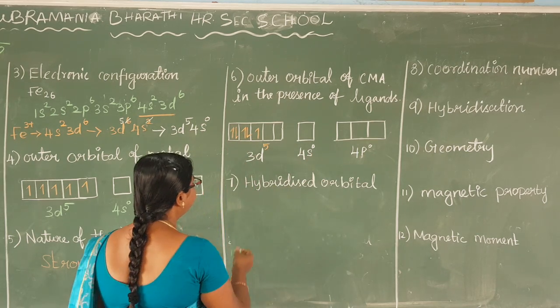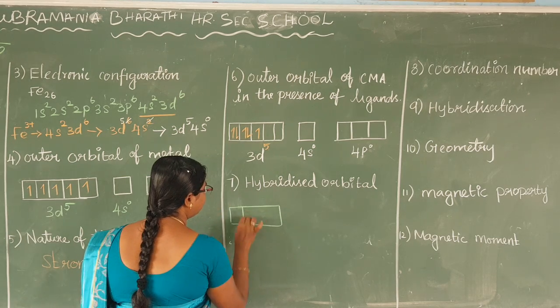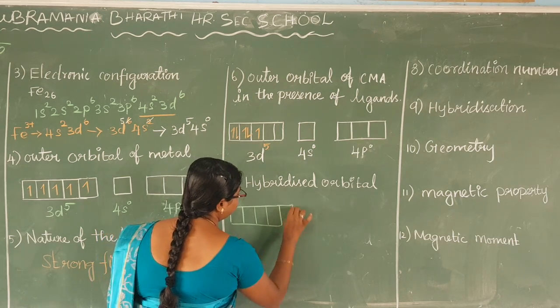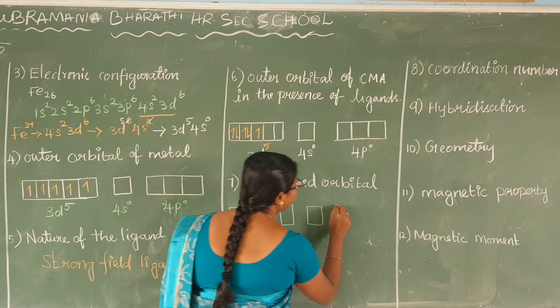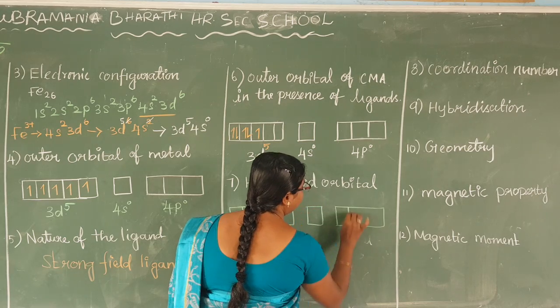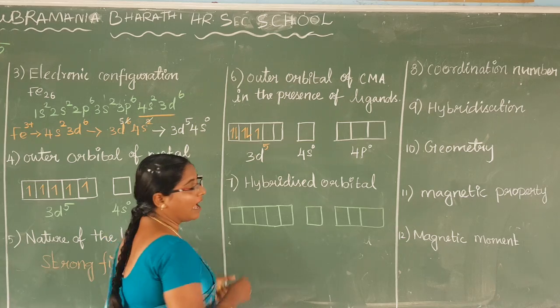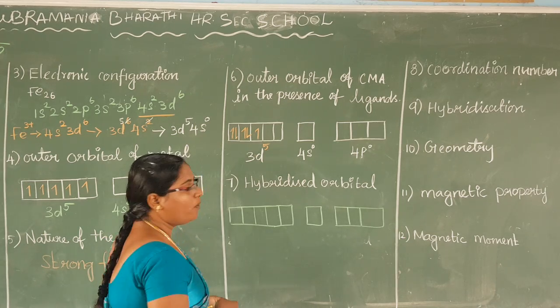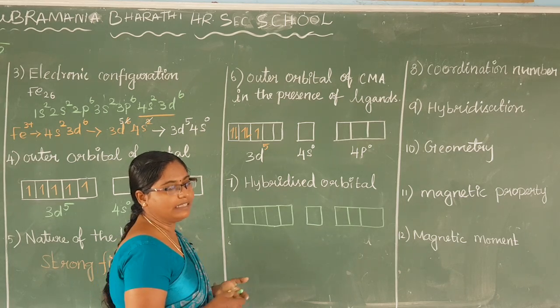Let me write here. This is the d orbital, this is the 4s orbital and this is the 4p orbital. Here hybridization will take place. What is hybridization? Mixing of atomic orbitals with the same energy.